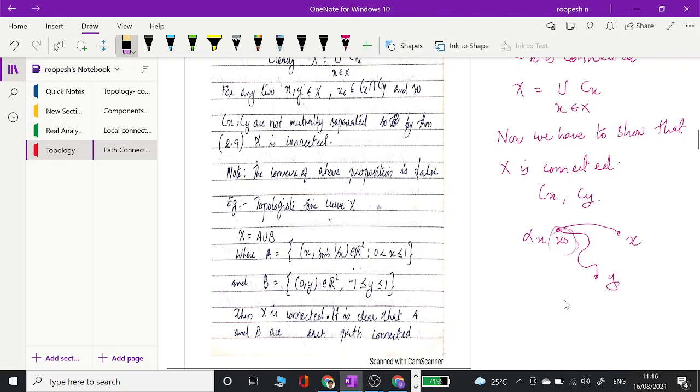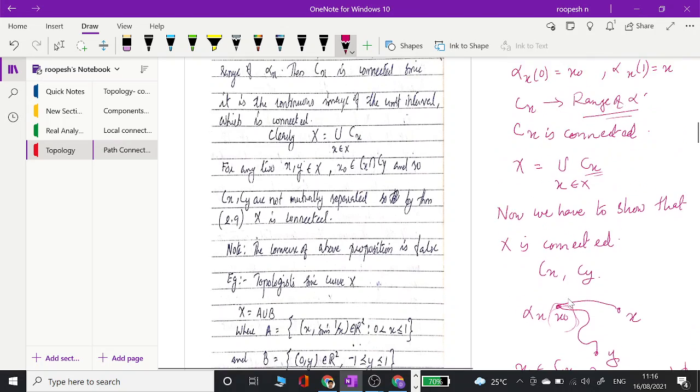Therefore x naught belongs to Cx and x naught belongs to Cy, which implies Cx intersection Cy is non-empty. That means in this collection, these members are not mutually separated. That means this union is a connected set. Hope you understood that one, right?